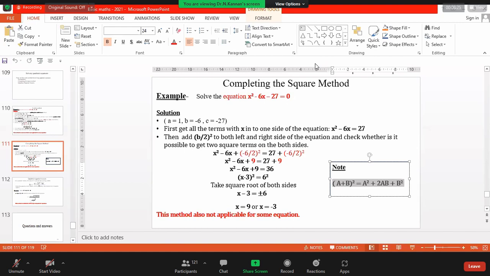And we have to add that value to both sides, left and right. Then we can solve that equation and then we can find the value for x. Okay, good, thanks.